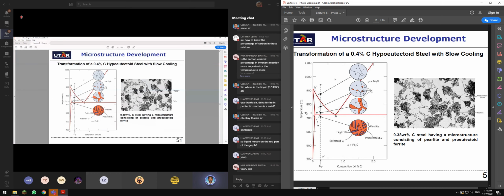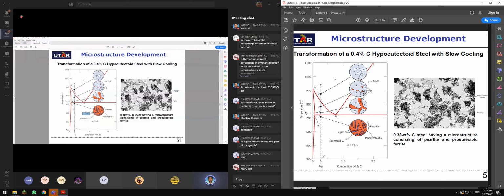There's no formation of cementite. At first it is austenite over here. When I cool down further, there's a formation of ferrite. Cooling further, the growth of ferrite, ferrite becomes bigger. When I cool further, it goes to the formation of cementite, the blue one.